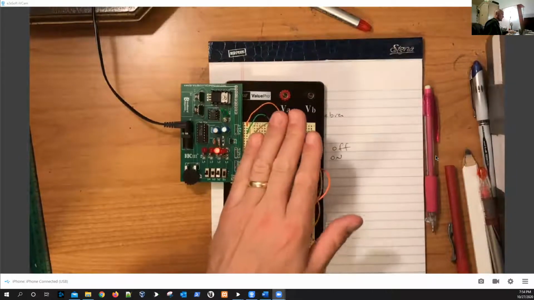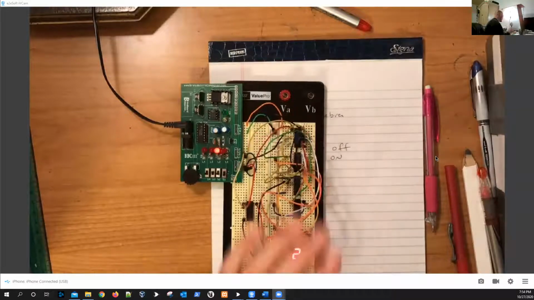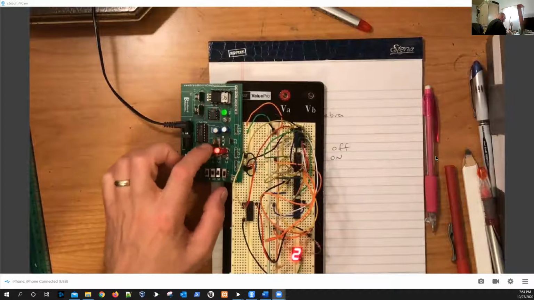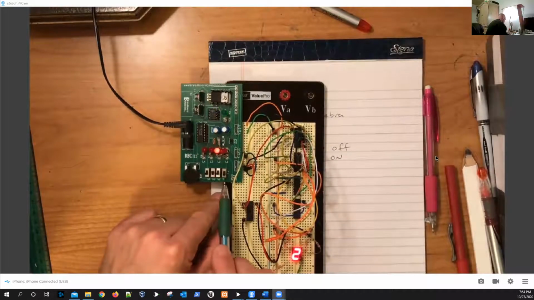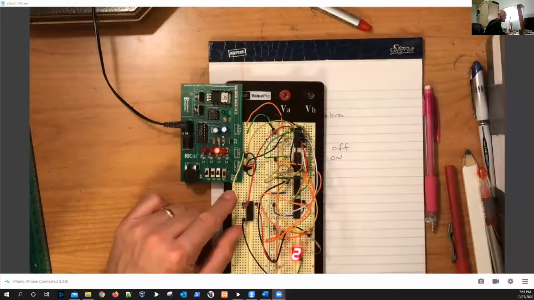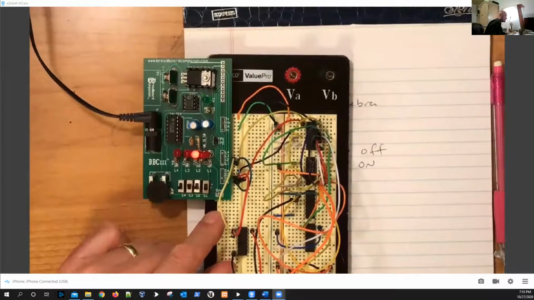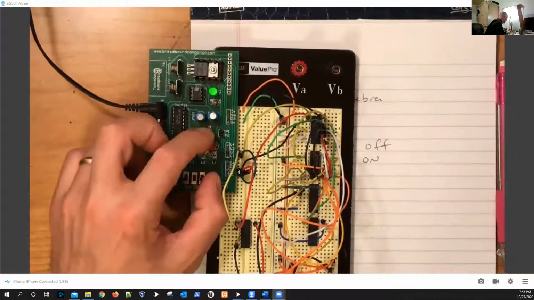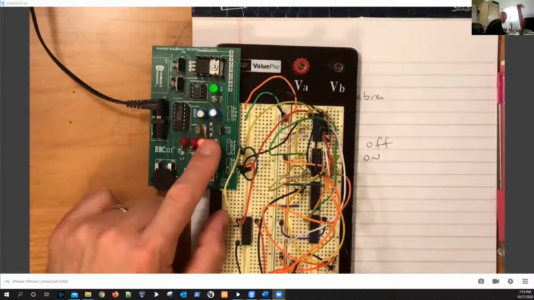So forget about all this stuff over here right now. Just look at this little board. I've got some switches here, and I've got some lights. So we're going to take this switch 1, and down is off and up is on. I've connected this switch to the light to show. Can even zoom in a little bit here, might help. So I'm off and the light is off, and I switch it up and the light goes on.